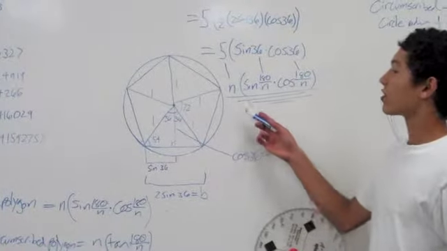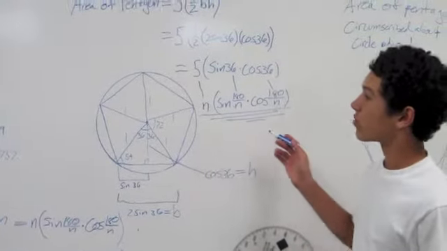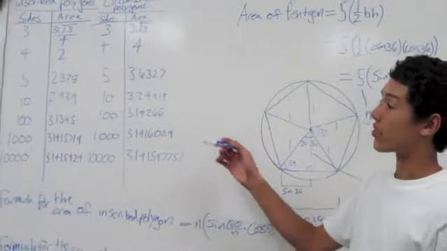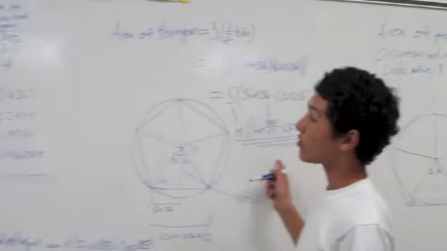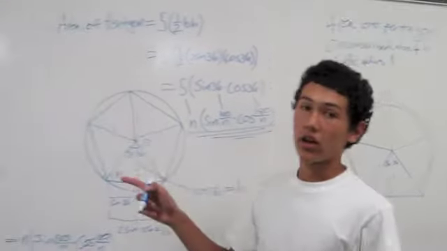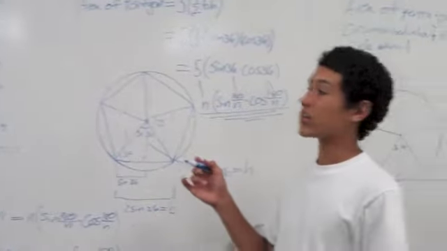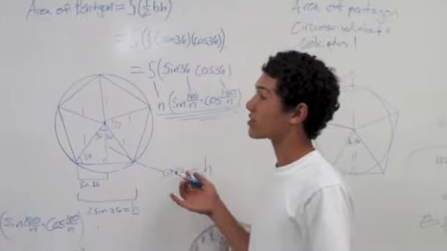So we can use this formula that we found with the pentagon to find the areas of any other inscribed polygons within a circle radius 1. Now we could have found this formula back with the triangles and squares, but it just wasn't necessary to use it then. It's more helpful with polygons 5-sided and up.